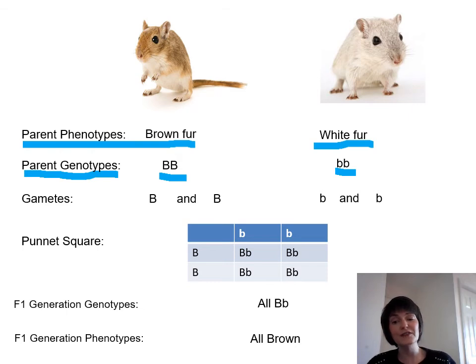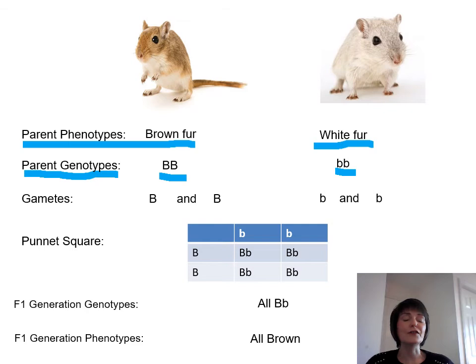Now, Sandra is very easy to understand, she must be wee b, because we know that she is recessive just by looking at her fur, or looking at her babies. They were all brown. There were no white ones in the offspring that they produced. So she must be recessive, so she must be wee b for fur type.